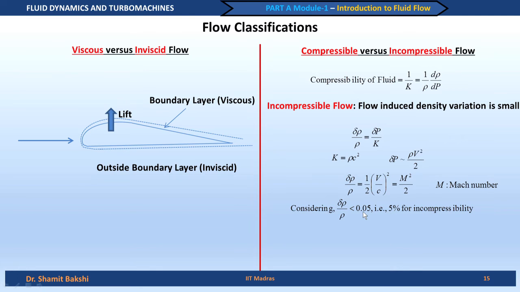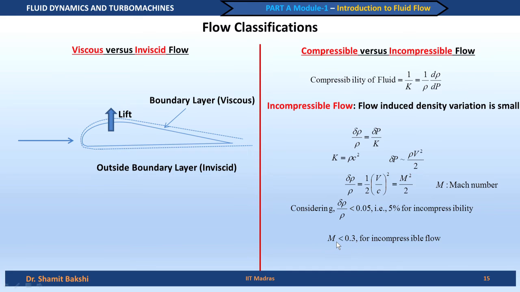Now, if we use this expression here, you can directly plug in and get a value of Mach number that should be less than 0.3 for an incompressible flow. So, even if the fluid is highly compressible like air, the flow could be incompressible if the Mach number is less than 0.3.